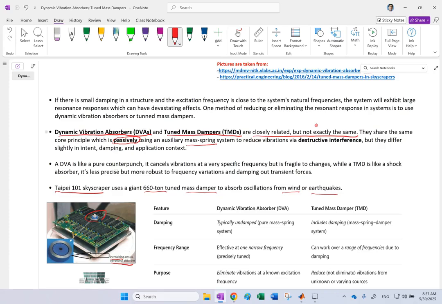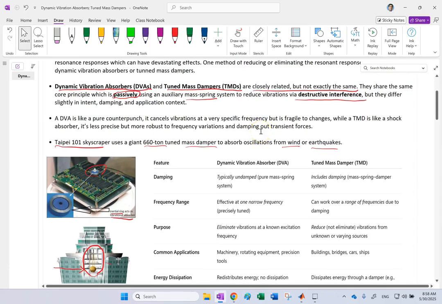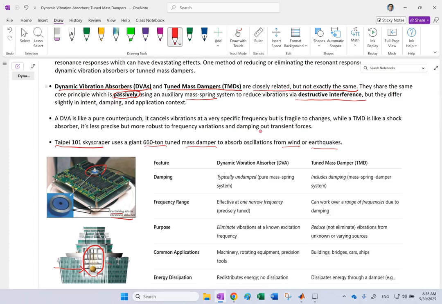And by adding this extra mass spring or mass spring damper system, your goal is to use counter forces of this new system to cancel the force of the original system, or in other words, we call it destructive interference, to reduce or eliminate vibrations.